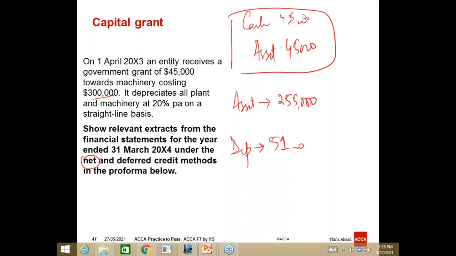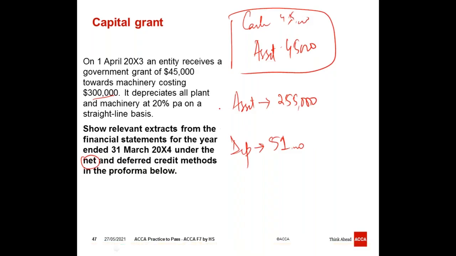Very good. So you don't need to show the deferred income, and you don't need to show the current and non-current liability. Only the expense of 51,000 will be shown. That's called the net approach.